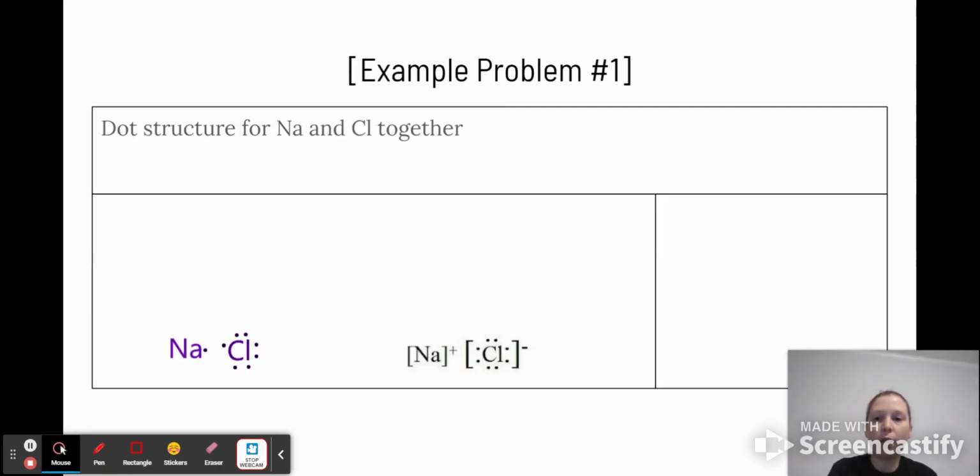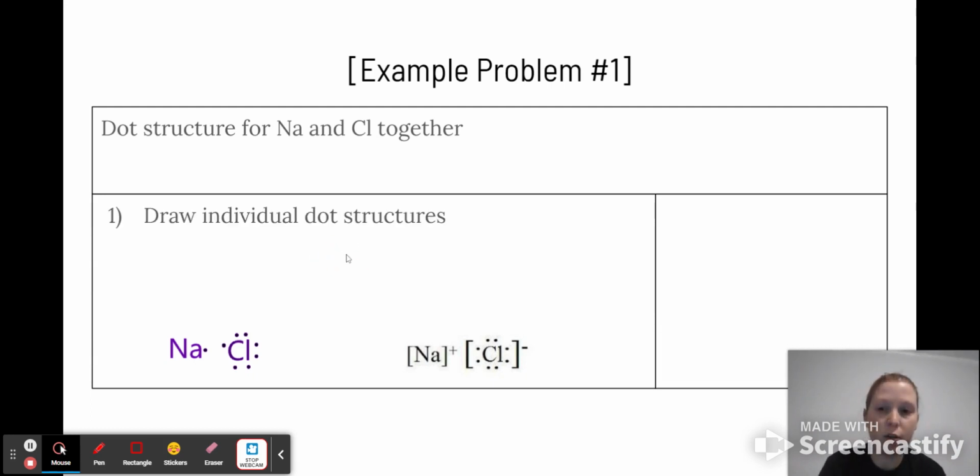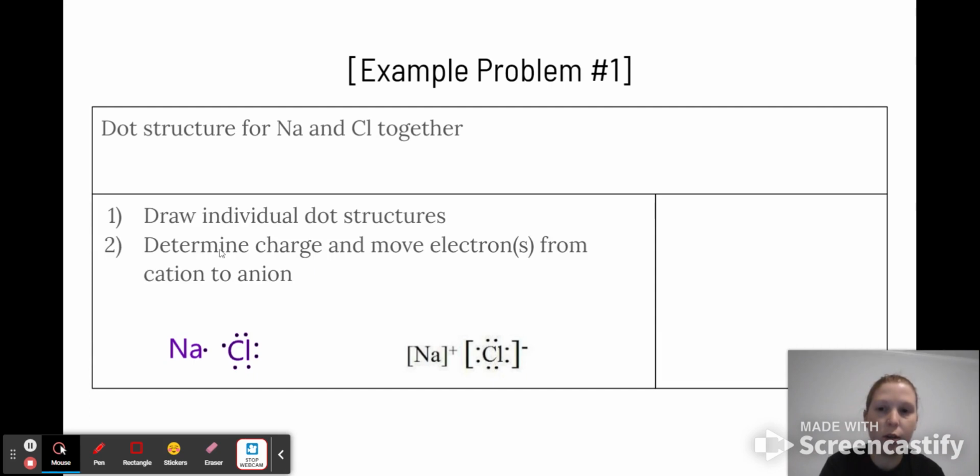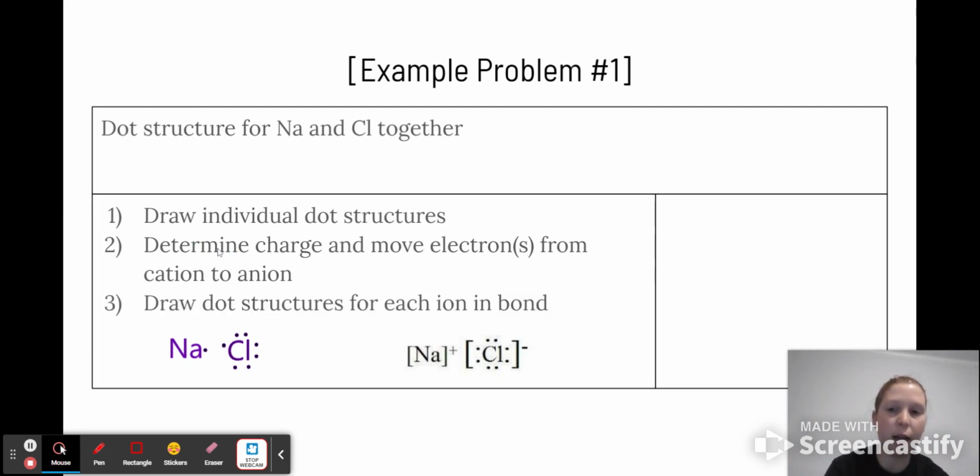So now let's go ahead and do our dot structures for Na and Cl, which you can see here, but I'm going to go through the steps. So you write the individual dot structures for each, and then you determine the charge, and you move the electron from one to the other, from the cation to the anion. And then you'll draw the dot structures for each ion in that bond. So we have our regular dot structures for Na and Cl.